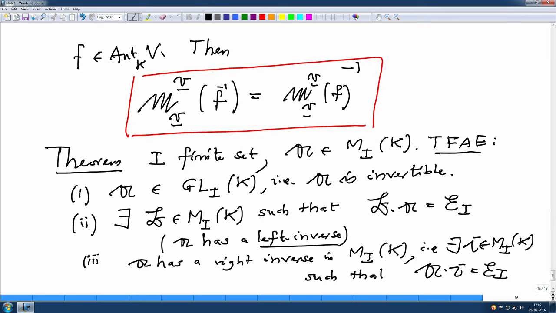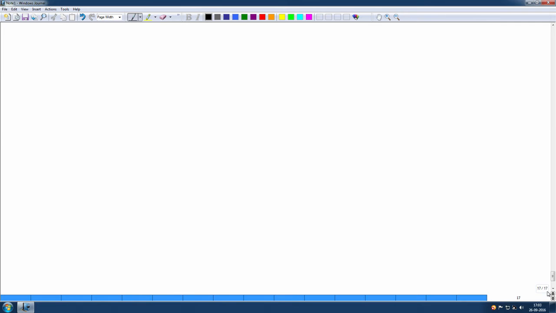So these three conditions are equivalent. That means our checking is reduced to only one equation, but this is special only for this algebra, and that is because of the proof.